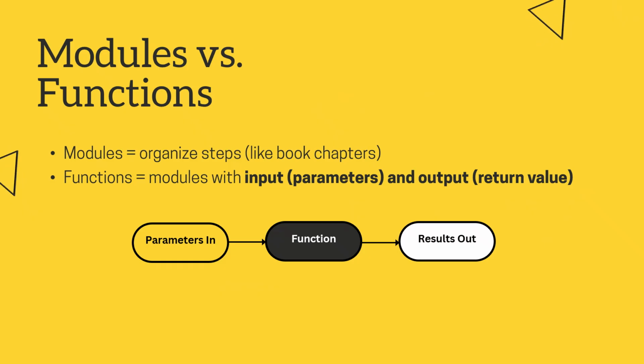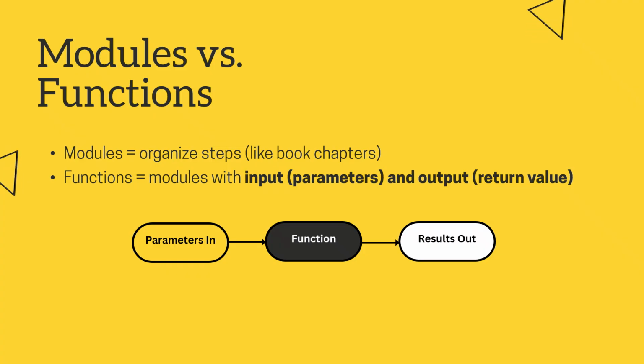Okay, so let's talk about what a function is and how it differs from a module. So a module, remember, is a named block of steps that organize logic. Think of modules as the chapters of a book. Each chapter focuses on one part of the story.